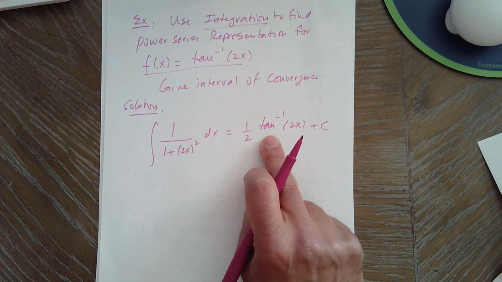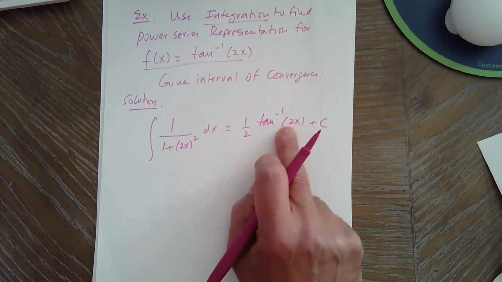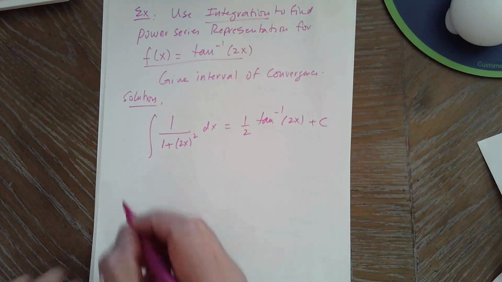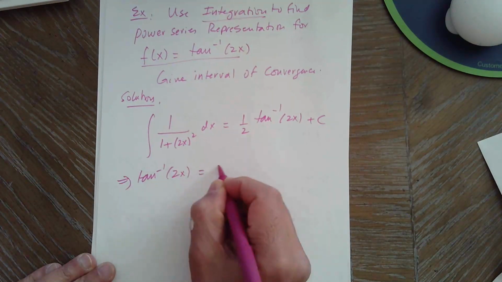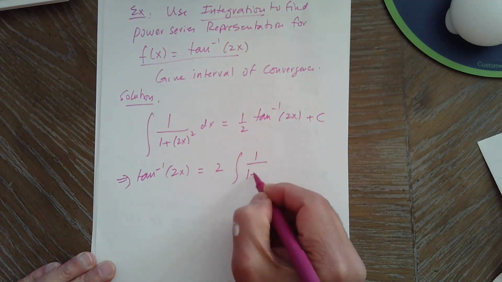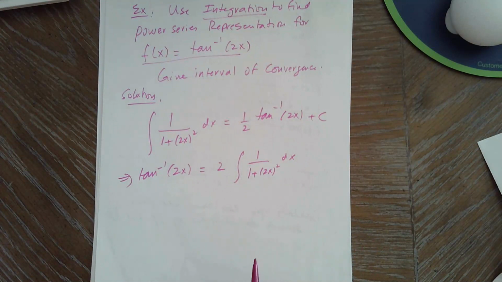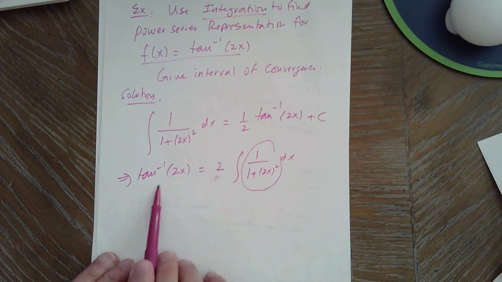Because the derivative of tangent inverse 2x is 1 over 1 plus (2x) squared, times 2, so that's what the 2 is for. So this means tangent inverse of 2x is 2 times the integral of 1 over 1 plus 2x squared dx. Okay, so we can do a power series for this, integrate and multiply by 2 to get that.